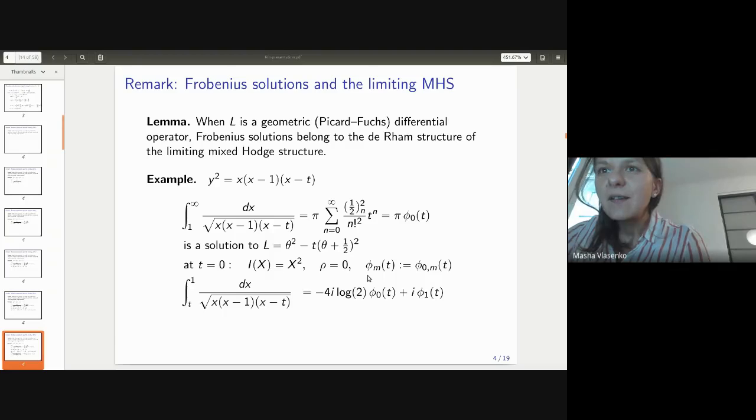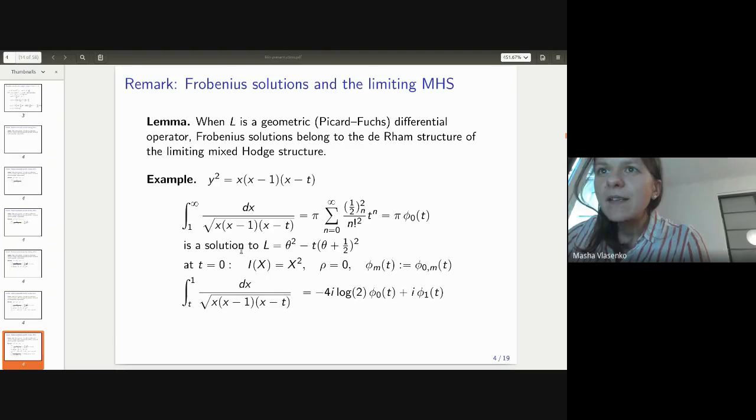And here is another period integral. The difference is here we integrate from 1 to infinity, and here from t to 1. One can integrate between roots of this cubic polynomial and infinity, between any two of these 4 points, 0, 1, t, and infinity. These will be period integrals.